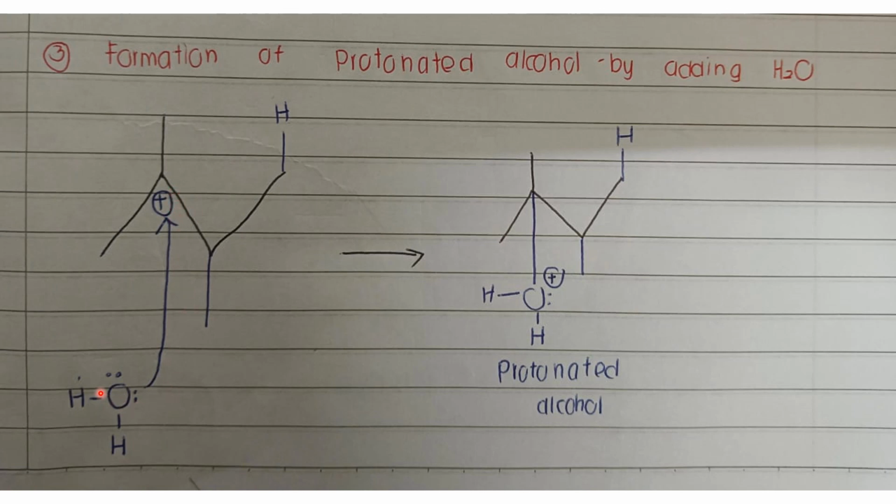So after the lone pair reacts with the positive charge here, it will create a fresh connection between the carbon and the oxygen, forming a carbon-oxygen bond. Here we can see the carbon-oxygen bond. And this newly bonded oxygen atom has a positive charge because of the formation of this new carbon-oxygen link.